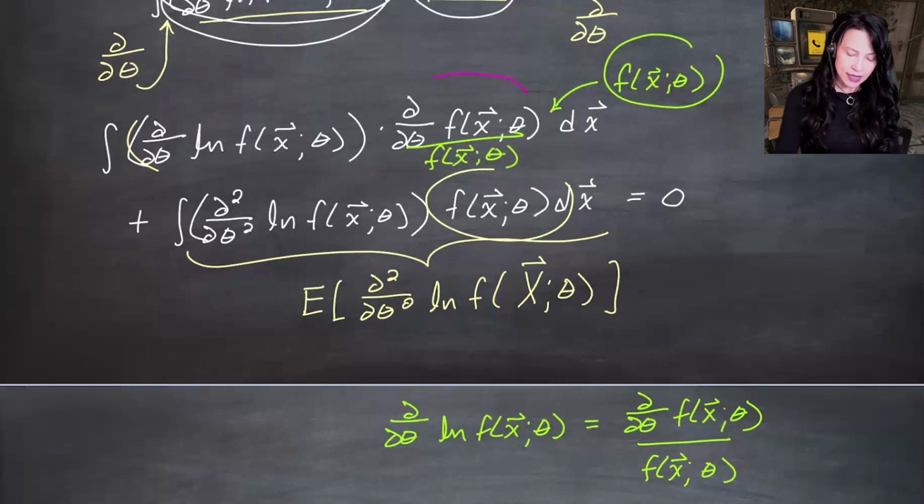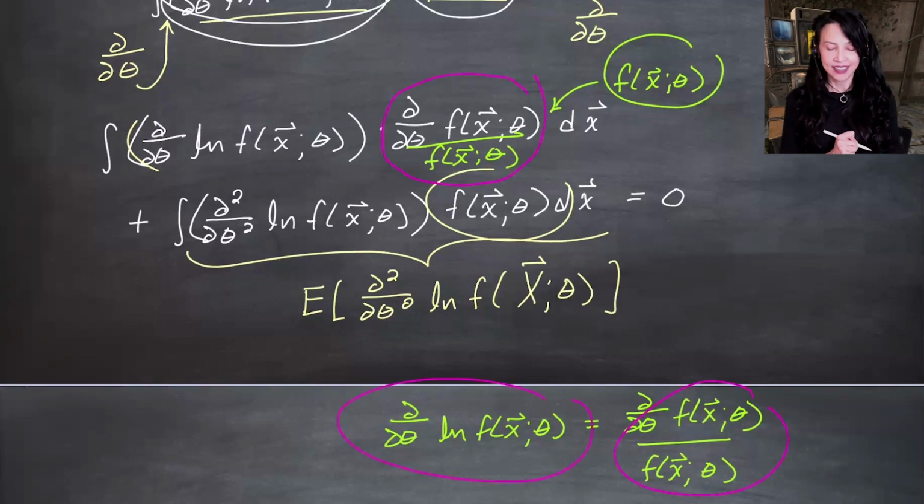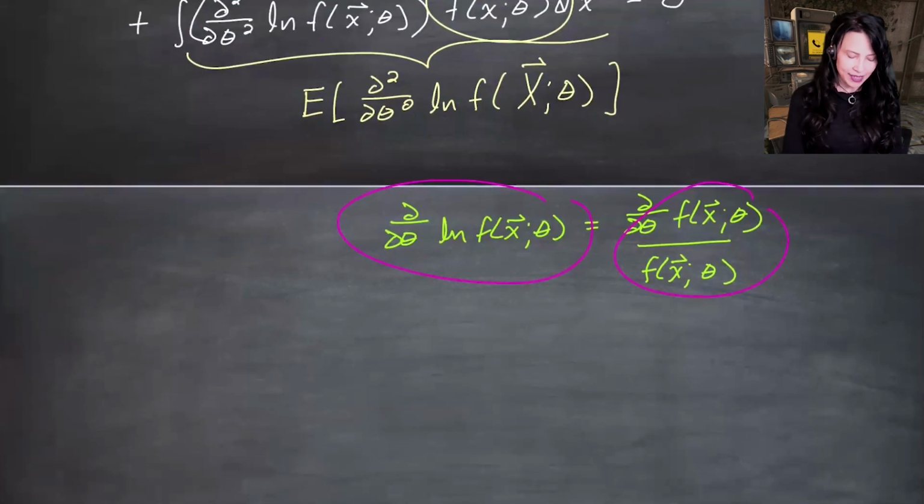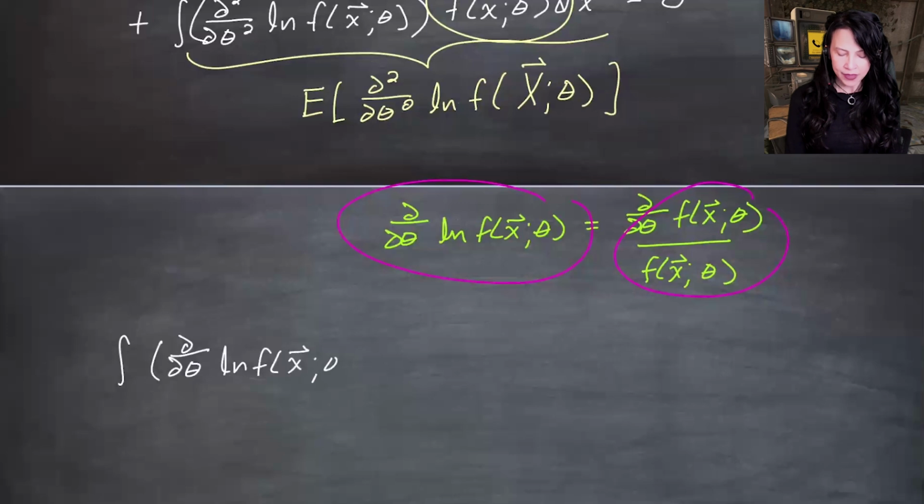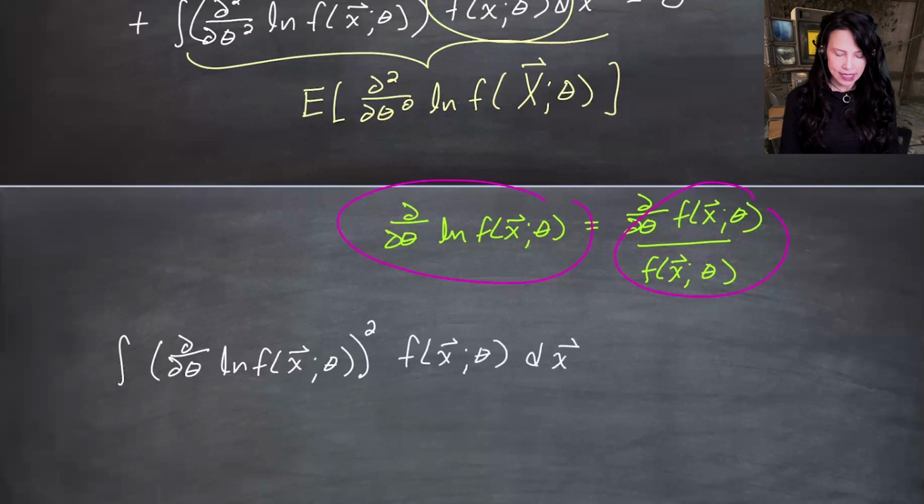And then this is equal to this. So the whole thing up here is another copy of this. So I get this squared in front of this joint PDF and integrated. So let me write that. We have the integral of the derivative with respect to theta of the log of f of x and theta, squared, times f of x and theta dx, plus, I'll write the second one out as the expectation.